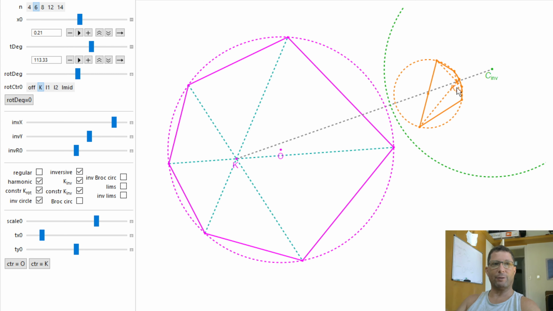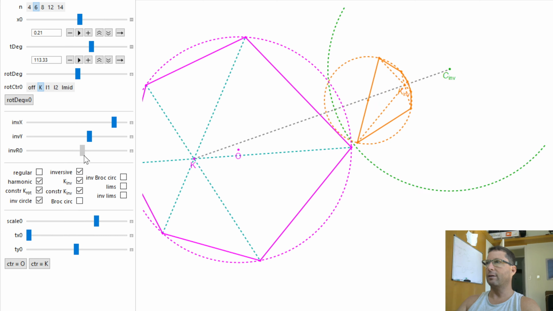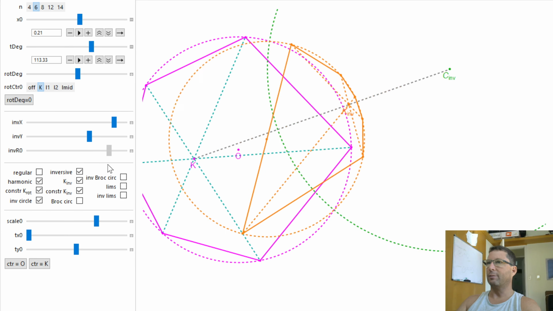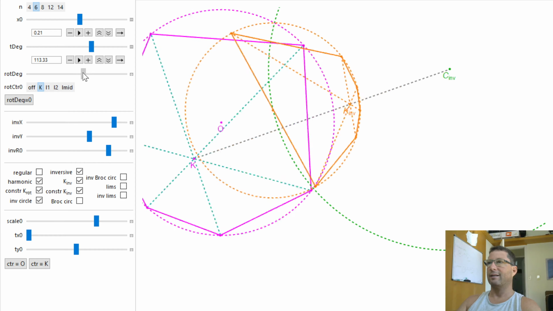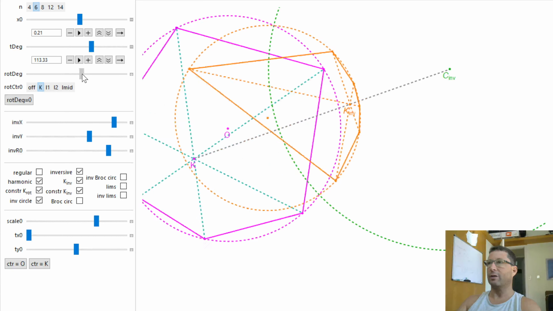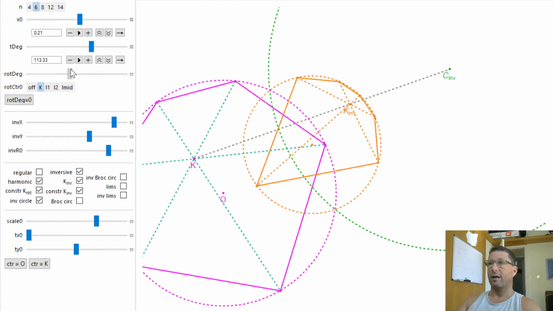But what was really remarkable was that over this family, the symmedian point of the inversive family remained stationary. So let's focus on that a bit more, perhaps by exaggerating my inversive radius. So here's the symmedian of the inversive family. And when we rotated this polygon rigidly with respect to its own k, that k inverse stayed mysteriously frozen.